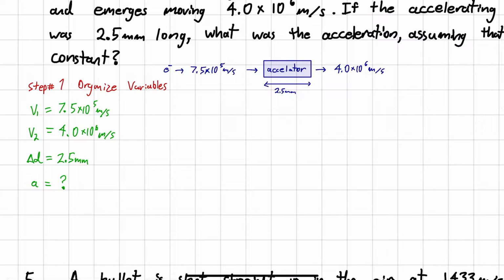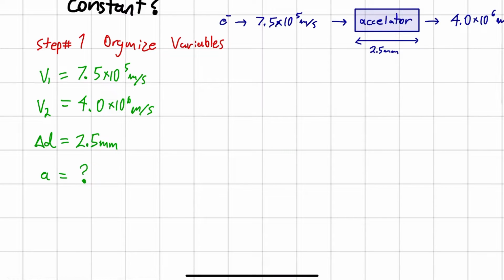Now there's one more thing that we should do before we move on to step 2. It's good practice. You'll see that the units here are in millimeters, and the units here are in meters. And we want our units to be consistent throughout the problem.